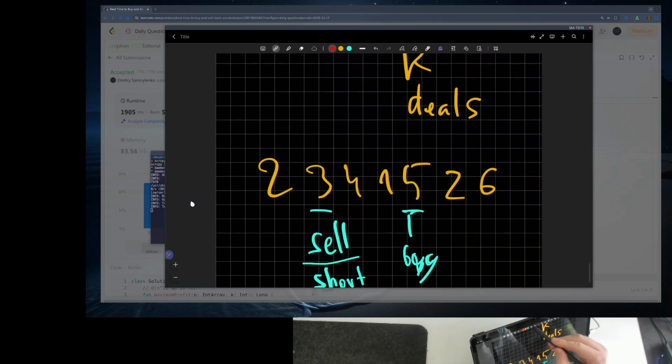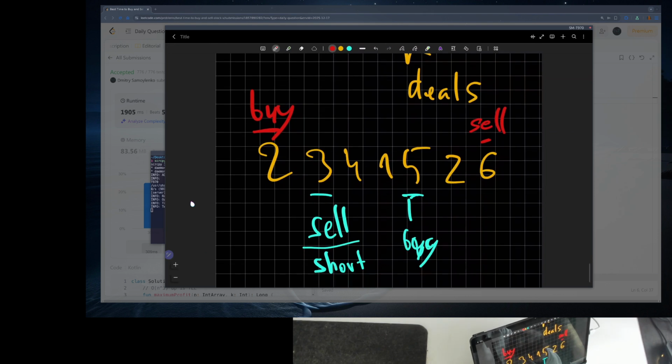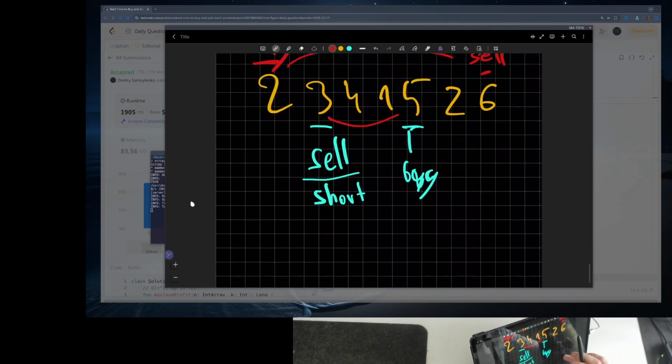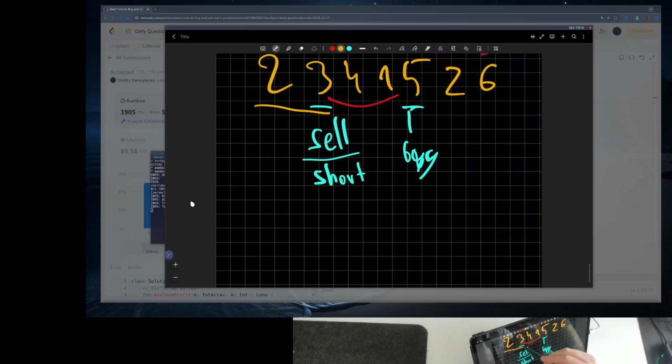Or we can choose to buy and then sell. Obviously we shouldn't intersect these, and the deals should be after each day.